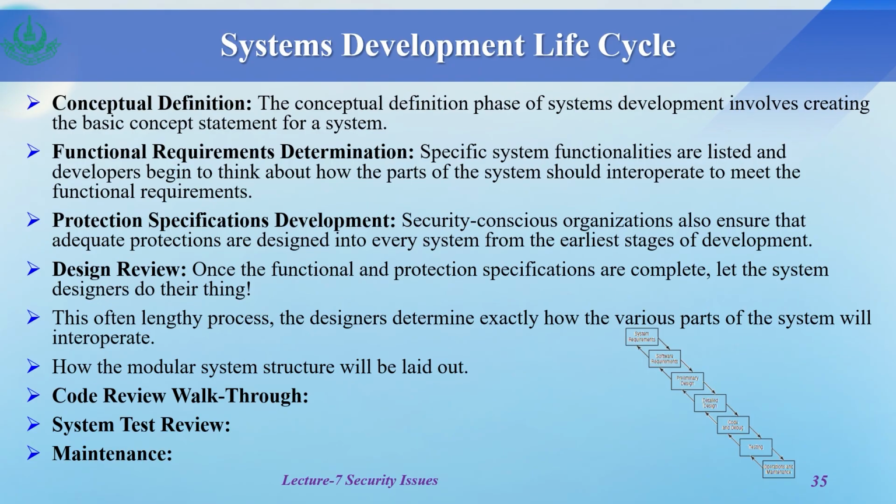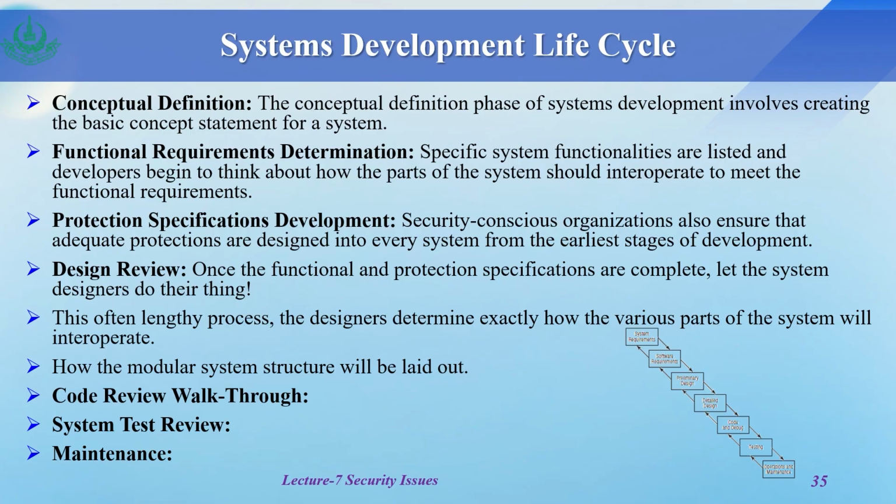Protection specification development. Security conscious organizations also ensure that adequate protections are designed into every system from the earliest stage of development. Design review. Once the functional and protection specifications are completed, let the system designers do their thing.